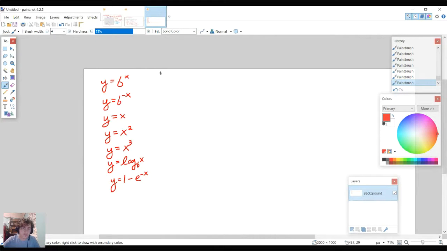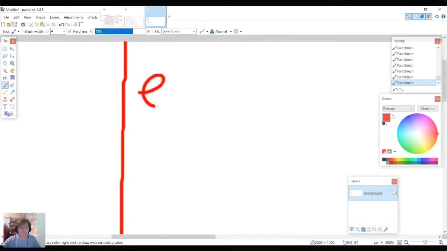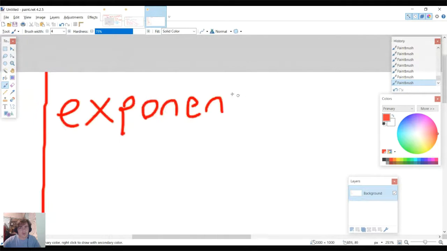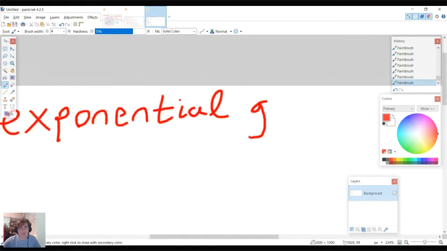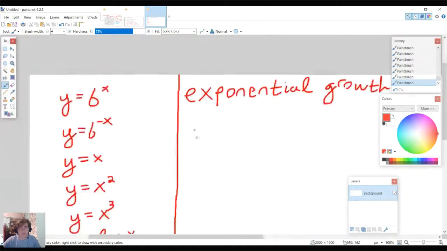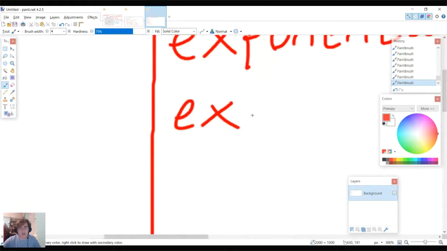Let's give each of these models a name. The first one is exponential growth. The second one is exponential decay.